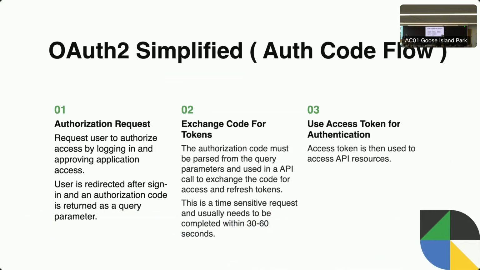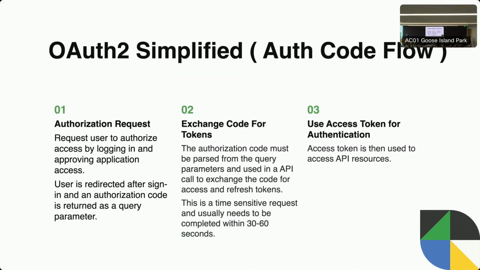All right, so let's try to simplify OAuth 2. It's 3 basic steps. The first step is generating a URL that you're going to send the user to. Before all of that, you have to set up an OAuth app. We'll get into that. But what we're going to do is send the user somewhere so they can authenticate and then authorize that service to have access to their data.